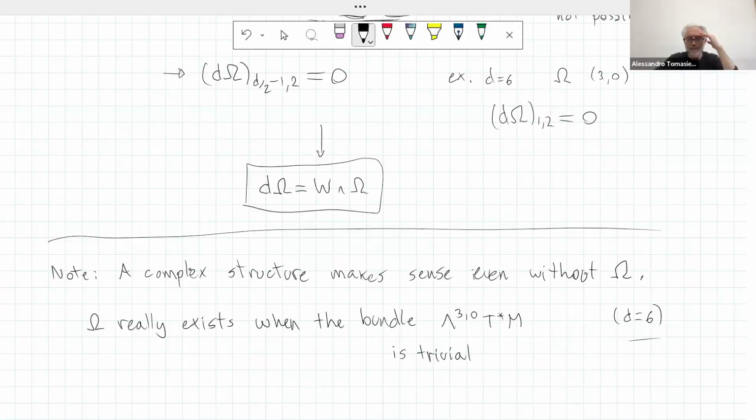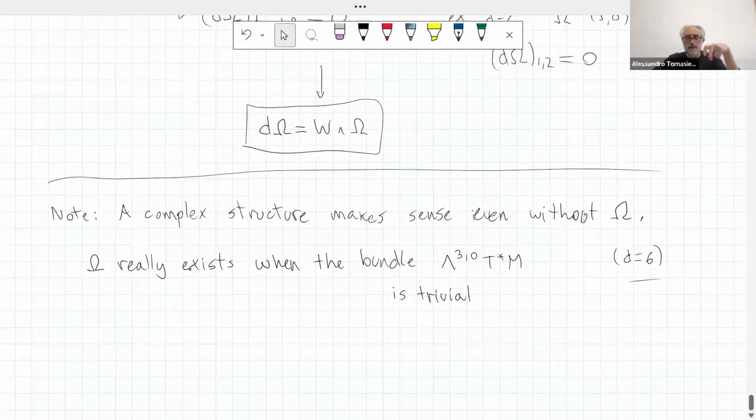So basically what I'm saying is that this statement that I'm making here is even more general, but in particular it is true here. So this condition can also be related to something that I haven't introduced for lack of time, but basically it is the same.